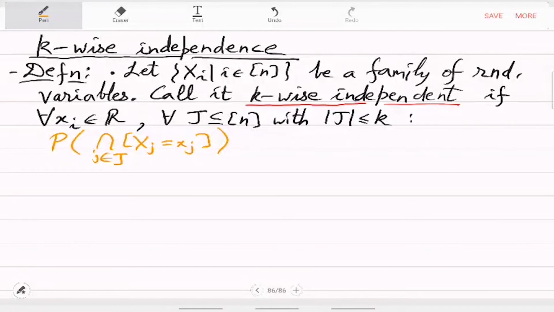Big Xj equal to small xj is the event that the random variable takes this value following the probability mass function, and this happens for all the random variables in this subset J. So what is the probability of this? This cannot exceed the product probability, but in the case of k-wise independent, it will be maximized to the product. So it is equal to the product probability.